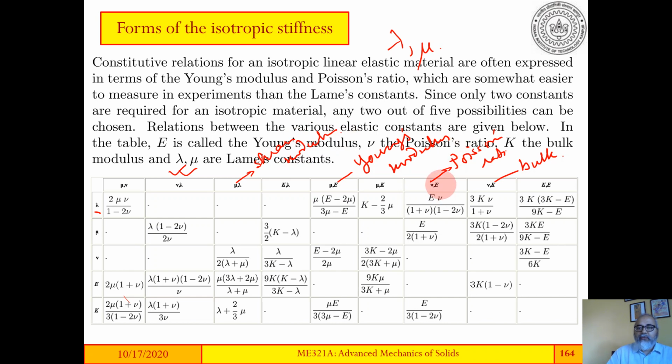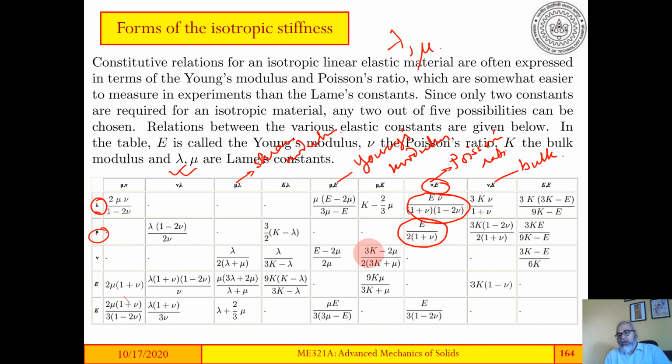So, for example, if you have been able to measure the Young's modulus and the Poisson's ratio, and you want to know what is lambda in terms of them, then this is what you will use. You want to know what is mu in terms of them, this is what you will use.